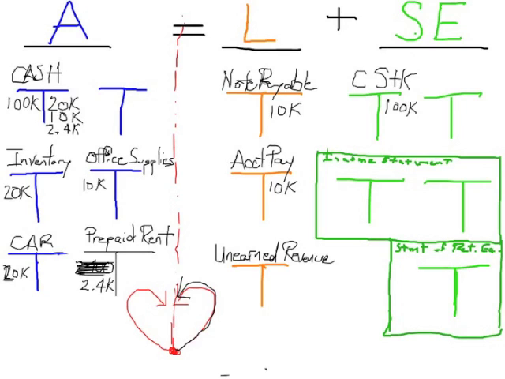It's a liability. We owe it back to them. So what happened? They walked in, they gave us cash. So our cash went up by $1,000, and that would be a debit. It went up. So I'm going to put 1K under cash, and unearned revenue, a liability increased on this side, is a credit. So there you go.